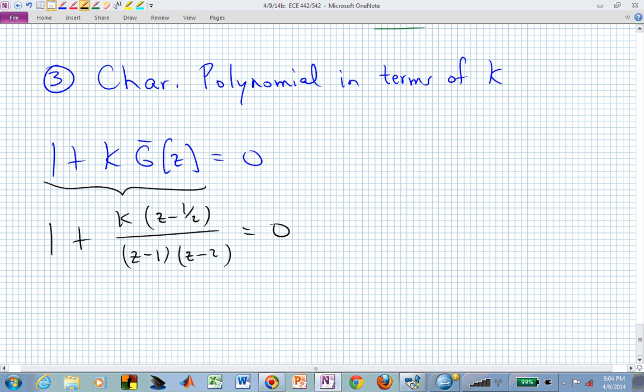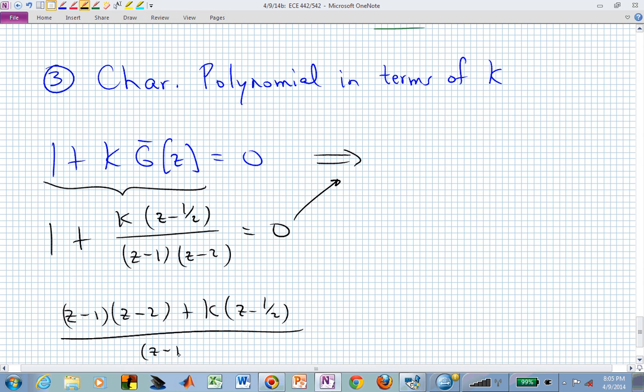We could now look at the numerator of the resulting equation, or we now have z minus 1, z minus 2 plus k, z minus 1 half over z minus 1, z minus 2 equaling 0. If we look at the numerator, we now can say that we're going to end up with z minus 1, z minus 2 plus k times z minus 1 half, and that's the expression that's going to govern our dynamics.